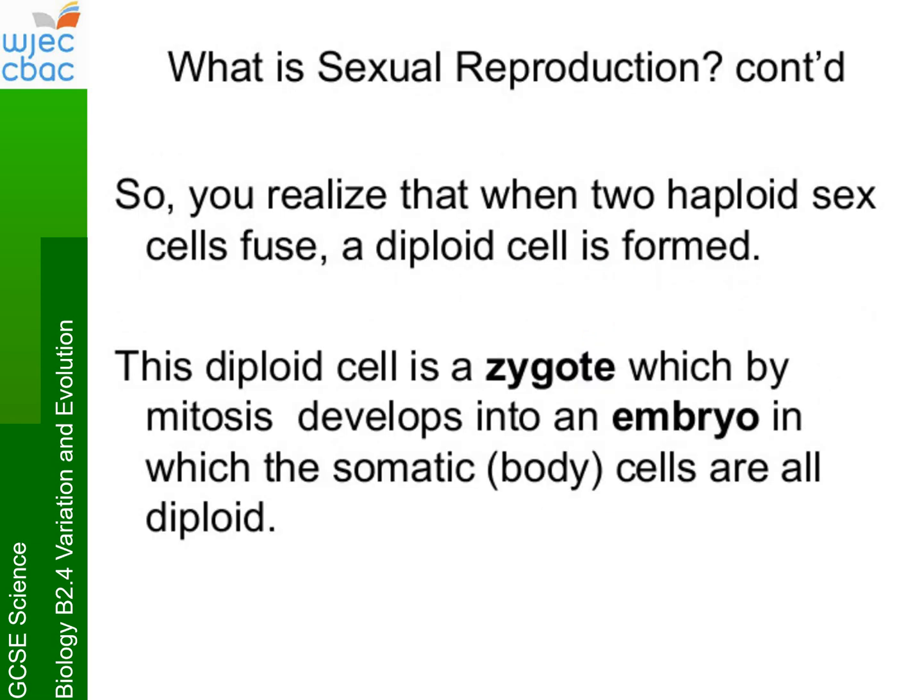So on the opposite page then, okay, we have got asexual reproduction, which we're going to come to in a second. So just continuing with sexual reproduction, you realise that when 2 haploid sex cells fuse, a diploid cell is formed. That word fuse, you can have join, you can have fertilise, remember, not meet. We've just explained that a diploid cell is called a zygote.